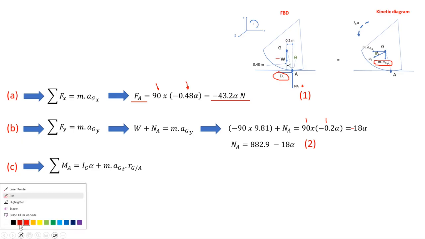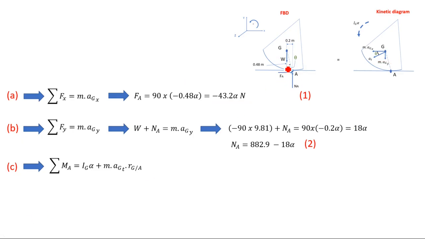So, if I clean this one first, okay. Now in the free body diagram, we have this force perpendicular to that distance along to the point A, which is 0.2. So mainly it's going to be W multiplied by 0.2, and this will take the moment counterclockwise, so this should be positive.